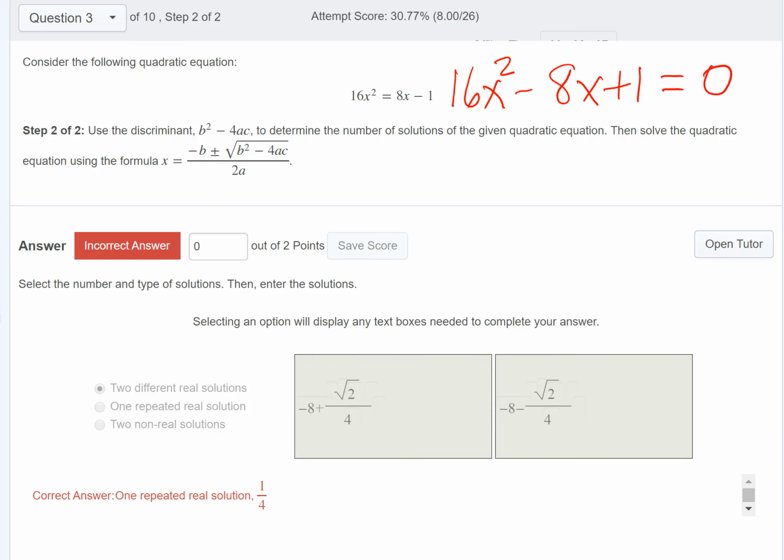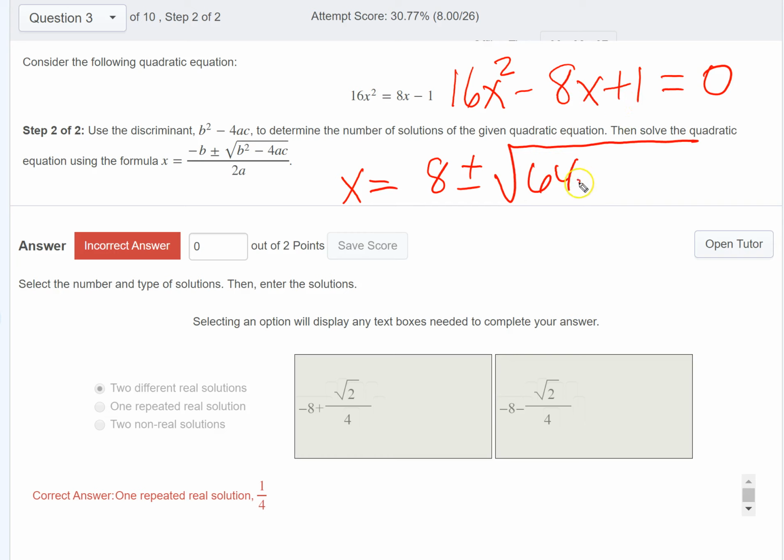Now, once we've identified the a, b, and c, we want to put it in the quadratic formula. So that will be x equals a negative b, which makes it a positive 8 here, plus or minus the square root of 8 squared, which is 64.